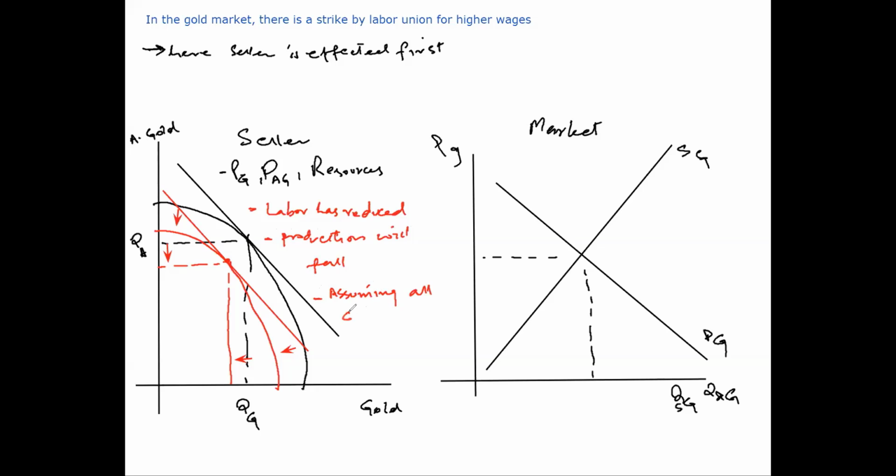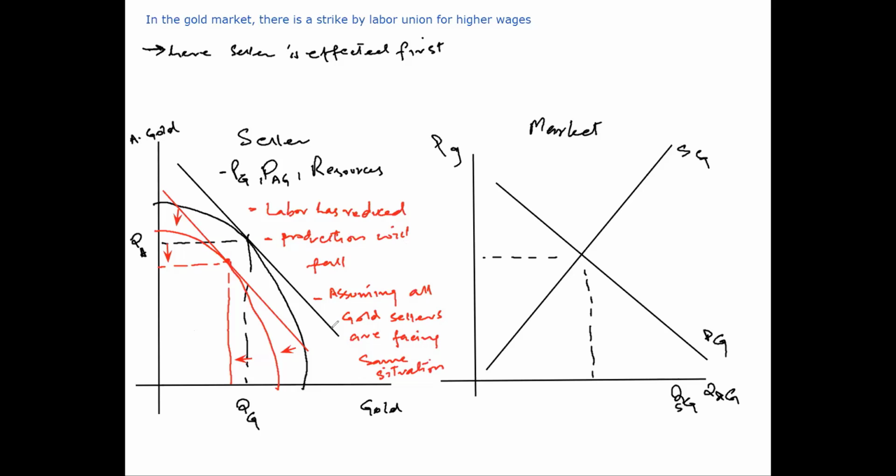So assuming all gold sellers are facing the same situation, which is a reasonable assumption because I am drawing a case based upon a theory where every seller is facing a similar problem.